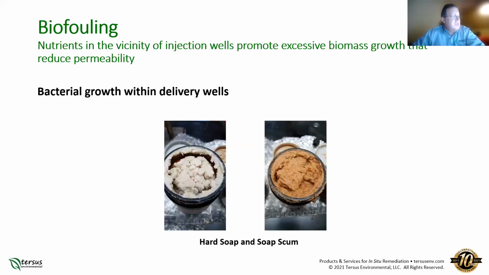Here are some photos of samples that were sent into our surfactant laboratory from various wells collected across the US. We also add nutrients to systems, and the nutrients injected in the vicinity of the injection wells are going to also generate excessive biogrowth and further reduce permeability.